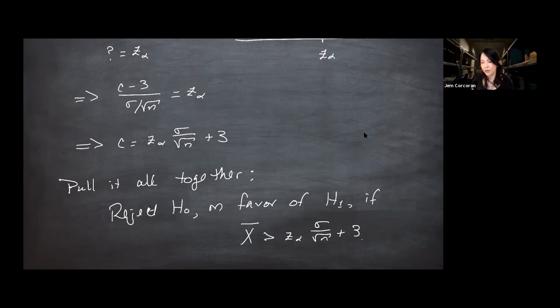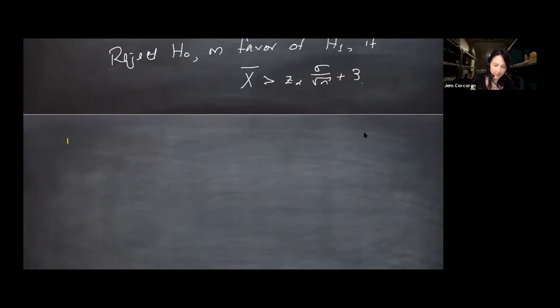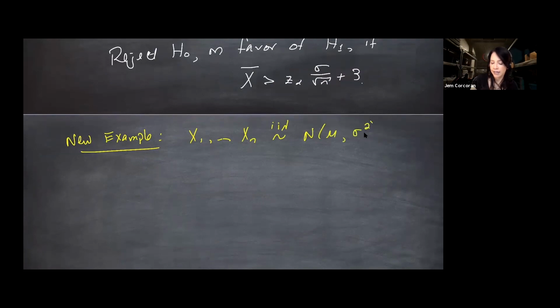I will get to type 2 errors next time, but let me say now why I define the two types of the level of significance and size of the test for just a simple null hypothesis. Because what if we instead had a new example where I have X1 through Xn, a random sample, IID from the normal distribution with mean mu and variance sigma squared, and sigma squared is known.